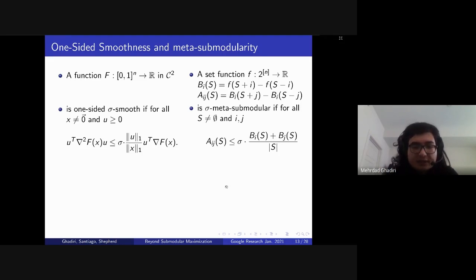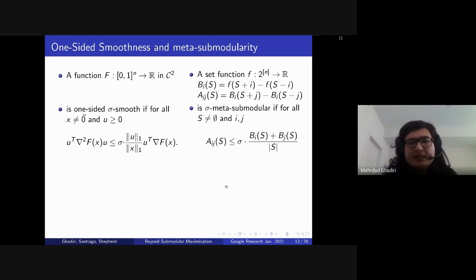On the left-hand side, for the continuous functions, we say that the function is one-sided sigma smooth if for any non-zero x and any u greater than or equal to 0, the second order directional derivative is bounded by some factor of the first order directional derivative. And on the right-hand side, on the discrete side, we have this second order difference bounded by some regularized version of the sum of marginal gains for i and j.